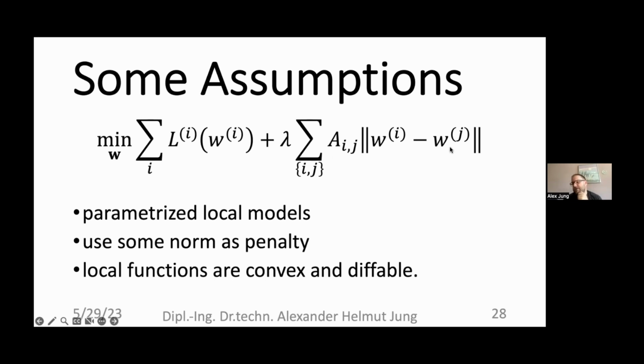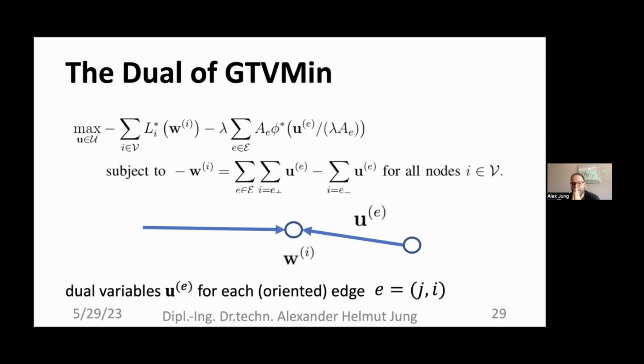In particular, I don't allow a squared Euclidean norm, so we need to use a norm as penalty. And the local loss functions are convex and differentiable. This is somewhat restrictive, but nevertheless, it might be a useful working assumption to explore a nice duality, which was at the center of my recent research a lot.